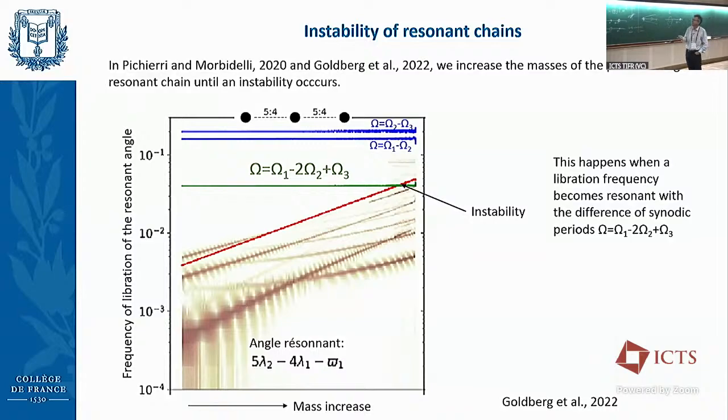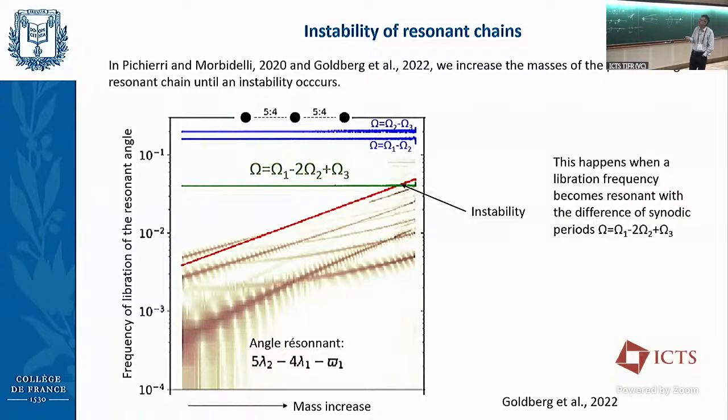But the synodic periods of the planets remain the same, because these are just given by the orbital frequencies, which don't change with the planetary masses. In particular, you have two synodic frequencies, which are the difference in the orbital frequencies of planet 2 and planet 3, and planet 1 and planet 2, so very fast. But the difference between these two frequencies, which is this one, is lower.